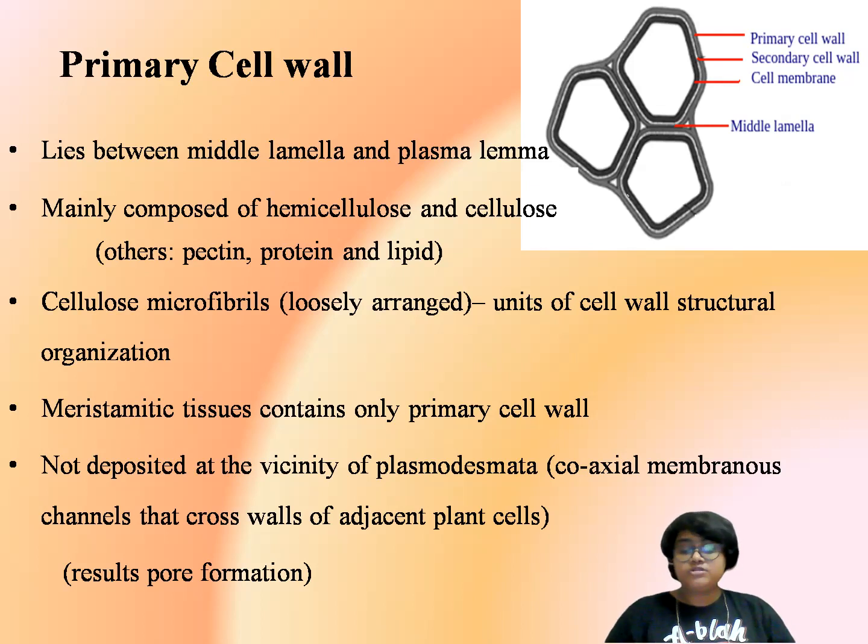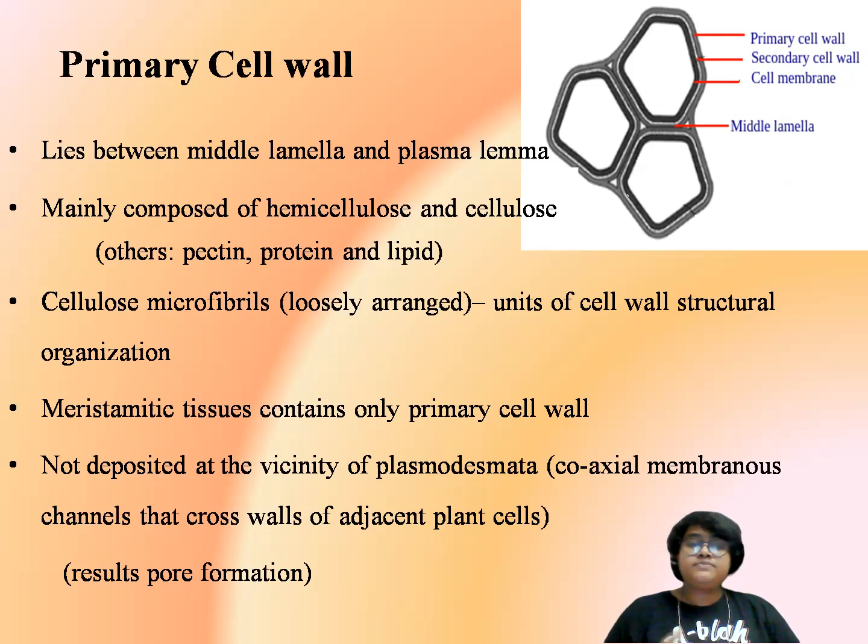Now, what is cellulose? Cellulose is a fiber-like structure which is formed of around 3,000 glucose molecules. That means 3,000 glucose molecules combine together to form cellulose. Again, this cellulose combines, that is, around 2,000 molecules of cellulose combine to form the cellulose microfibrils.